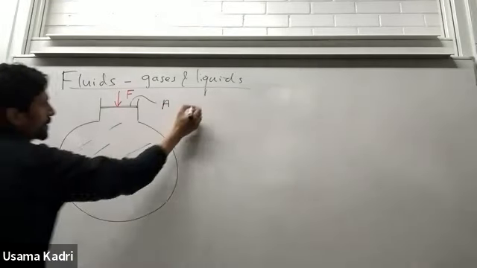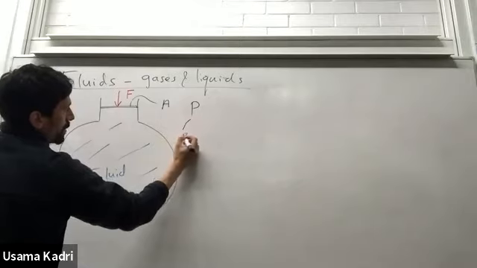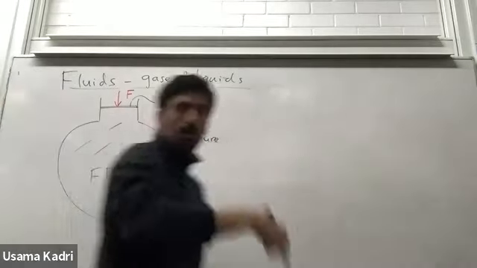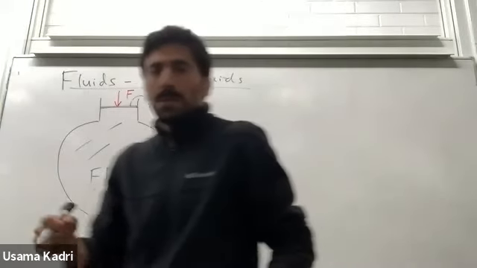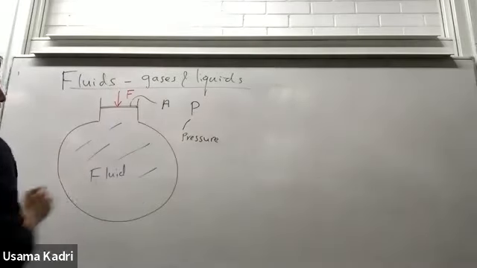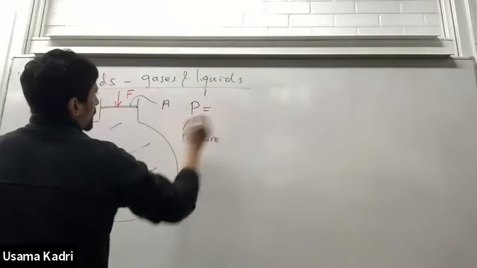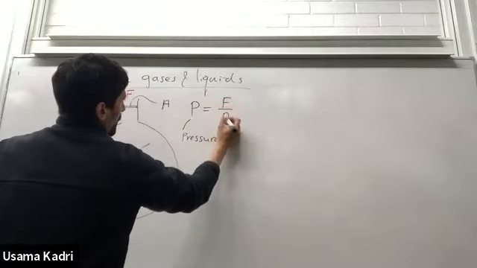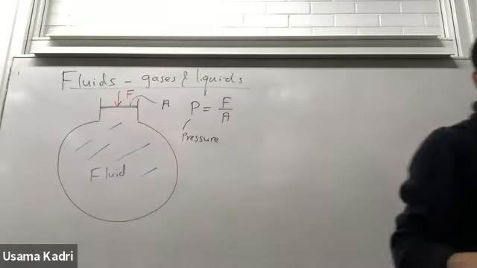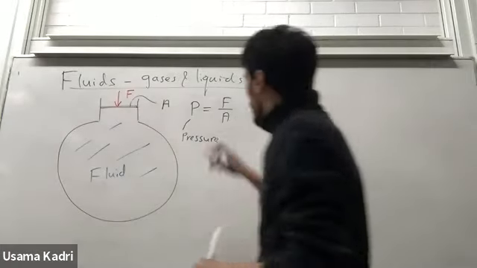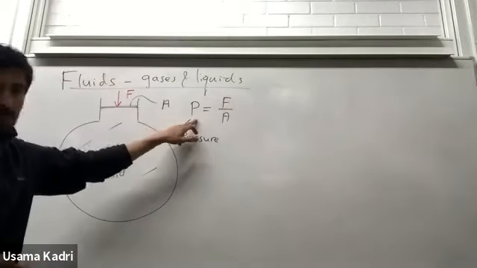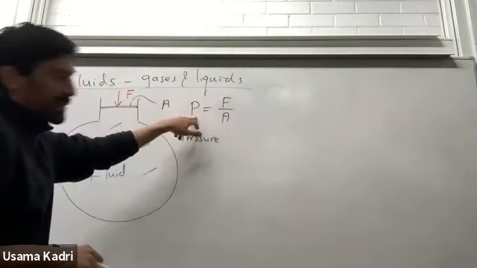So the pressure, P, that's for pressure, that I apply with my force. The pressure would be that force divided by A. Now, remember that the force is a vector, and the surface area also has the direction, the normal direction, but the pressure as a result would be a scalar.